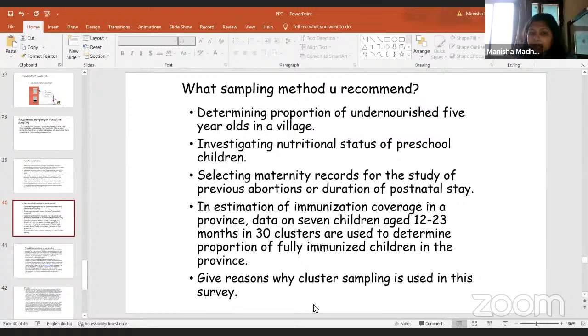First of all, determining the proportion of undernourished 5 year olds in a village, investigating nutritional status of preschool children, selecting maternity records for the study of previous abortions or duration of postnatal stay, and in estimation of immunization coverage in a province, data on 7 children aged 12 to 23 months and 30 clusters are used to determine the proportion of fully immunized children in the province. So you need to give reasons why cluster sampling is used in these types of research.